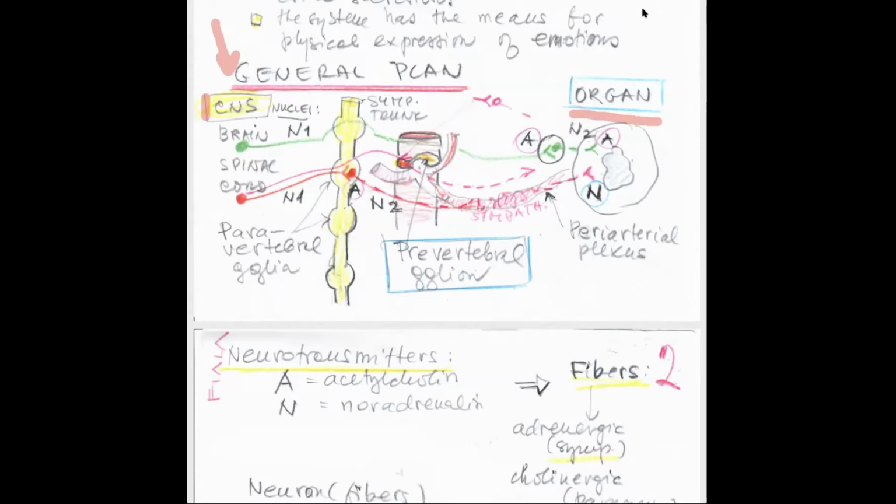Concerning the parasympathetic system, we follow neuron number one, which runs without interruption, usually to the parasympathetic ganglion, where it ends, it's interrupted, and the very short postganglionic neuron number two innervates the organ, gland, etc. This is one system. Sympathetic seems to be more complicated.